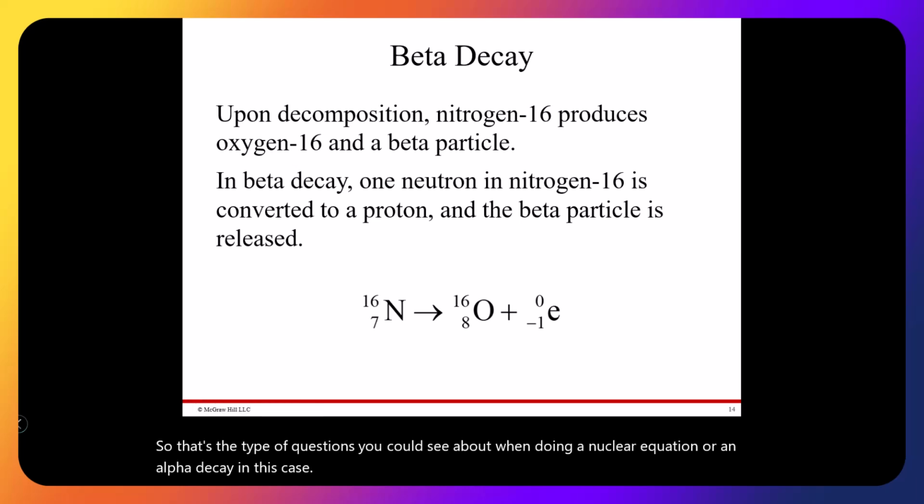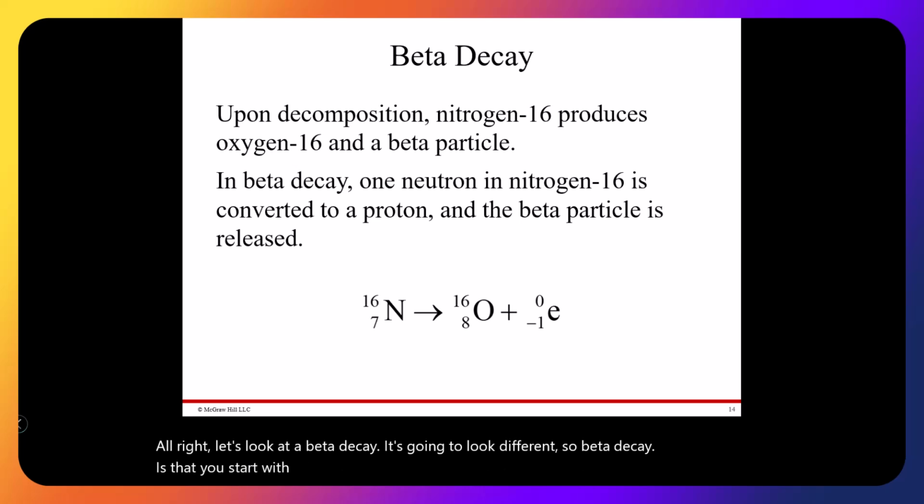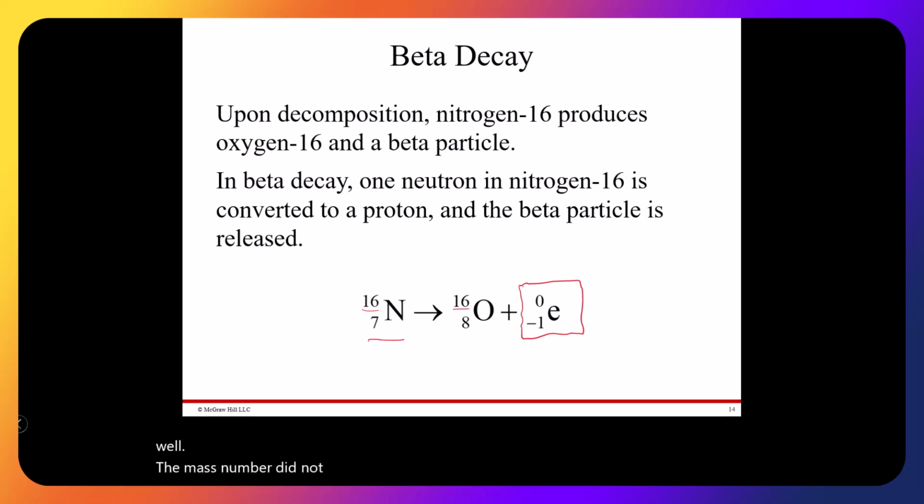All right, let's look at a beta decay. It's going to look different. Beta decay is where you start with an isotope or a nuclide, and let's say they didn't give us this part here. Well, the mass number did not change, so that tells us this is a 0 here. 16 minus 16 is 0.